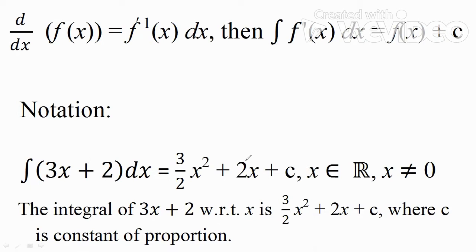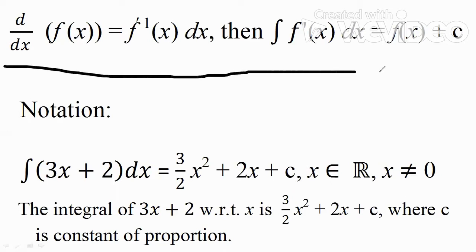As I was saying earlier, if we differentiate a curve function or any function, we'll get f prime. So if we differentiate f of x, we get f prime of x.